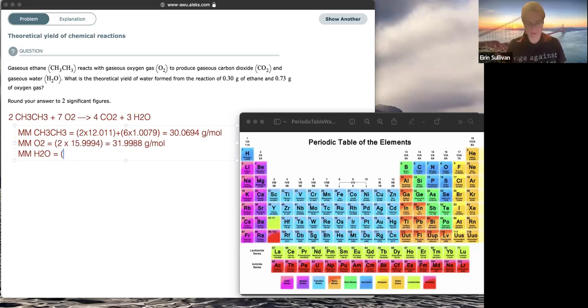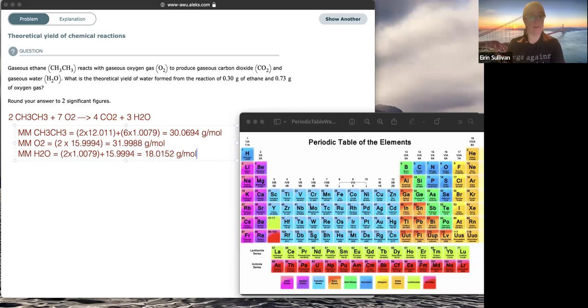It is going to be 2 times 1.0079 plus 15.9994. It's going to be about 18.01 or something, right? 2 times 1.0079, sorry, plus 15.9994 is 18.0152 grams per mole to that many sig figs.